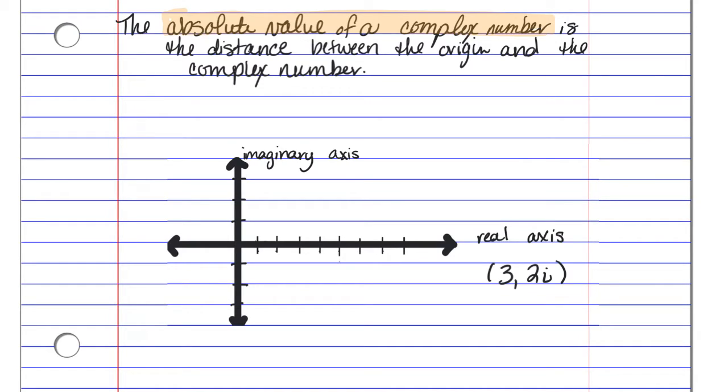Same thing with the absolute value of a complex number. So the absolute value of a complex number takes on the form, the absolute value of a plus bi. And in order to calculate that distance, it looks very similar to the Pythagorean theorem. So we're going to take the square root of a squared plus b squared.